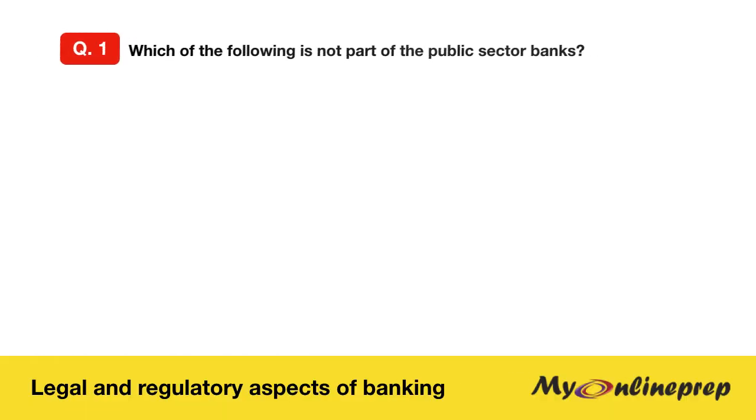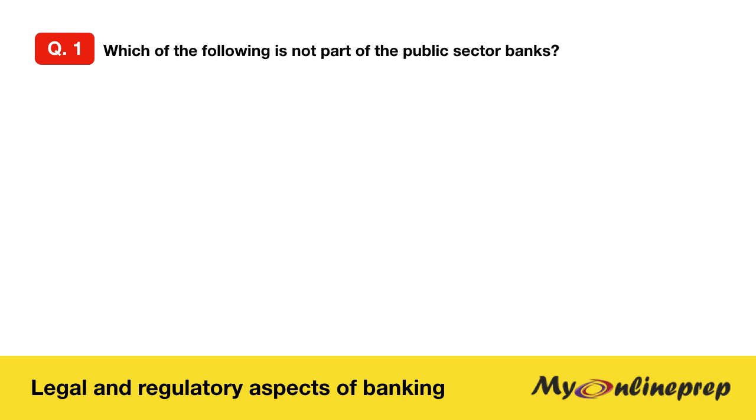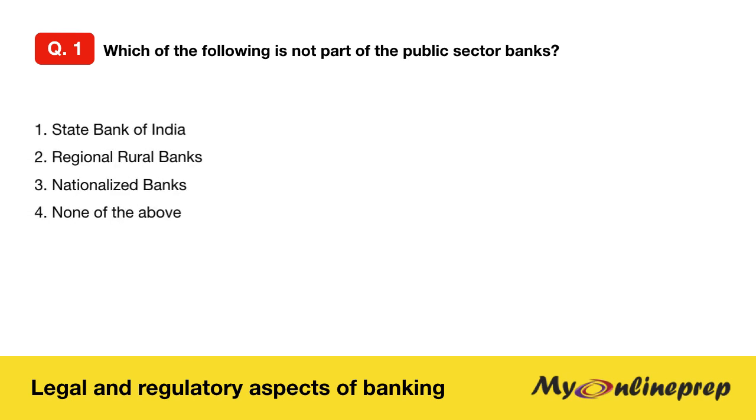Which of the following is not a part of public sector banks? State Bank of India, regional rural banks, nationalized bank, or none of the above? What is your answer?